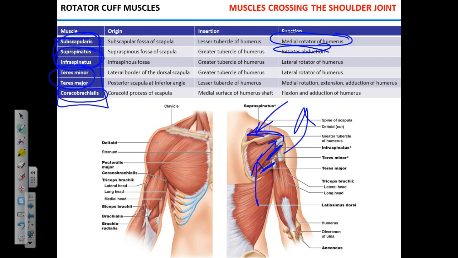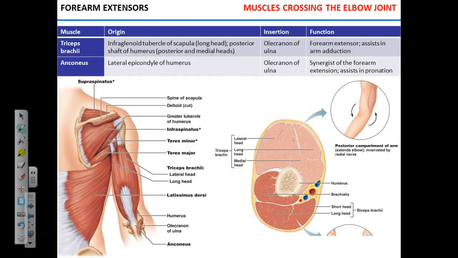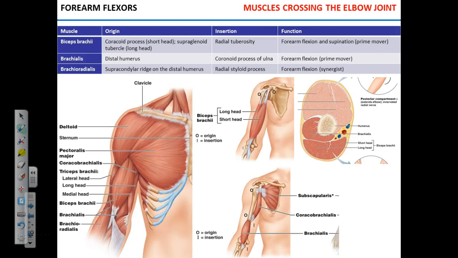Finally, coracobrachialis. Let me see if I can. Yeah, there we go. So coracobrachialis, from the coracoid process of the scapula to the medial shaft of the humerus. If you contract this muscle, you will bring your arm to the body. So it's one of the arm adductors.